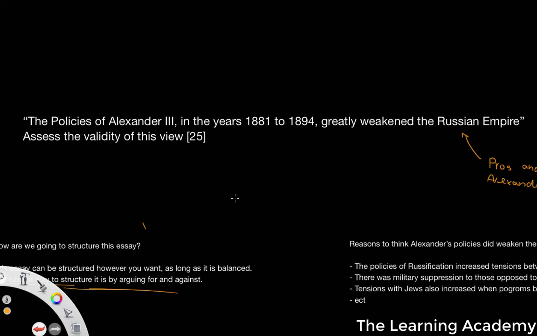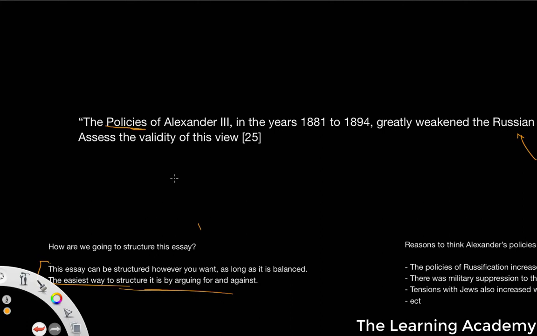Another way is to look at the specific policies. Well, what kind of policies are there that you can have? Well, you can talk about, for example, the economy, so economic policies. Okay. You can talk about more social policies. Okay. And then for a third one, you can maybe talk about religious policies.